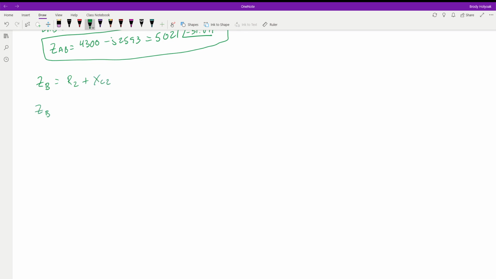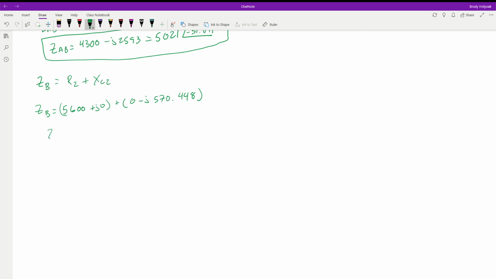So ZB is equal to R2, which is 5,600, and j of 0, because it's just the resistor. That's added to our reactance, which is 0 minus j of 570.448.